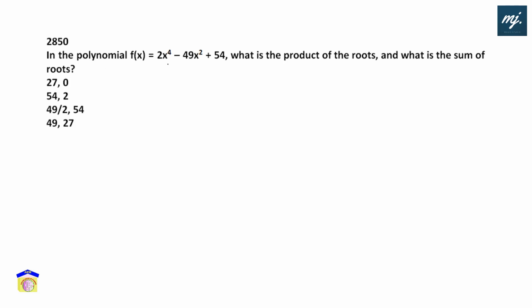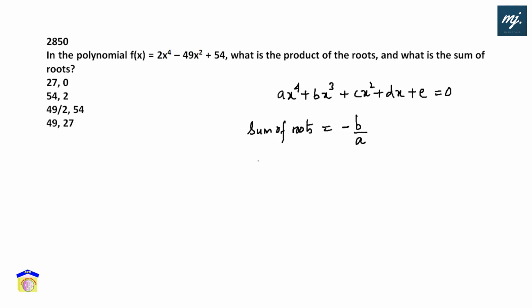In the polynomial f(x) equals 2x to the power 4, this is a biquadratic polynomial. In case of a biquadratic, if it is ax to the power 4 plus bx cube plus cx square plus dx plus e equals 0, then the sum of roots is given by simply minus b by a, and the product of roots is given by e by a.